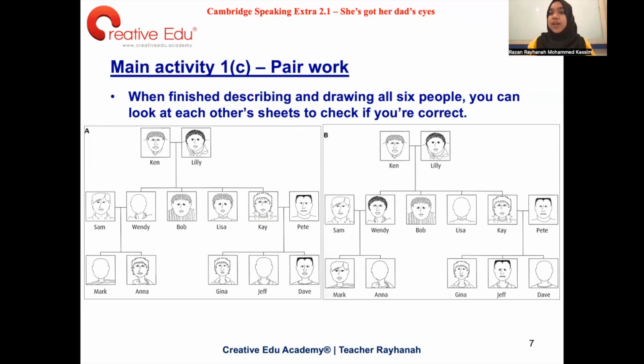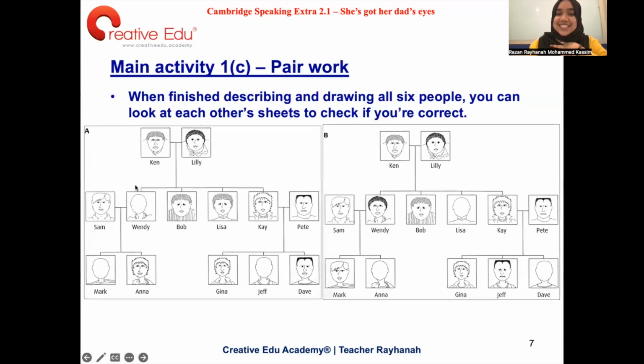Or another way that you can describe a person is by using the word for the family member. For example, I would say this person has Ken's hair and has Bob's eyes and has Lily's mouth.